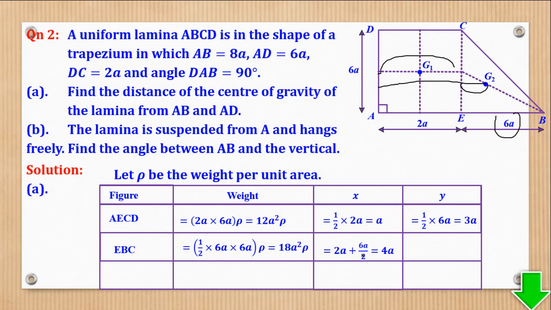So this should be a third. Here it should be 6a over 3, which gives 2a, plus 2a to get 4a. Then here also from the base, it is a third of this 6a.